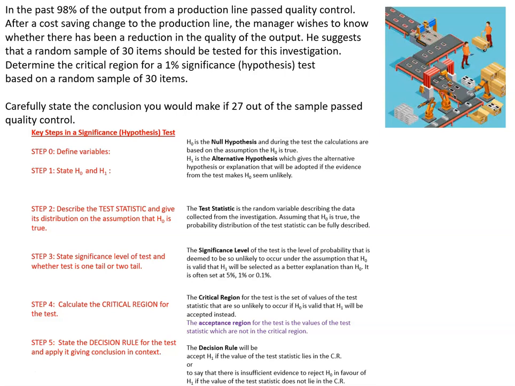We need to state the significance level of the test and whether the test is a one-tail or two-tail test. Then we calculate the critical region, and finally we state the decision rule and apply it to the data, giving a conclusion in context.